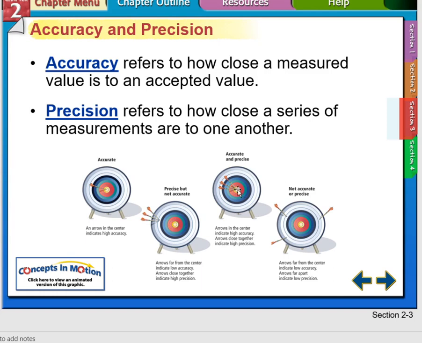This is accurate and precise because you were aiming for the center, you hit the center, and you were consistently hitting the center. Not accurate or precise, where you were aiming for the center and you did not hit it, and you weren't consistent where you hit.